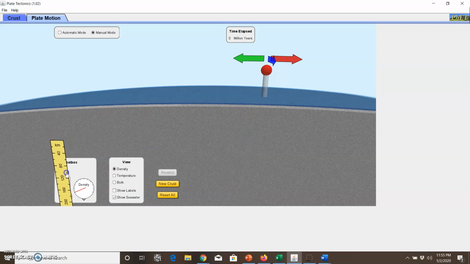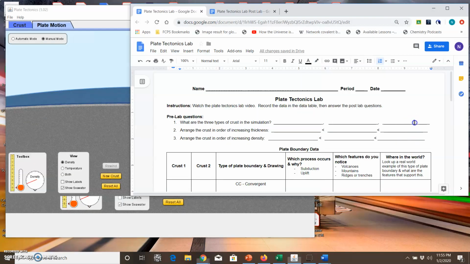All right, so that means for the second pre-lab question, arrange in order of increasing thickness. Clearly the one that's the thickest is the continental, so that's going to go at the end, because if it's increasing order, the largest value will go at the end there.